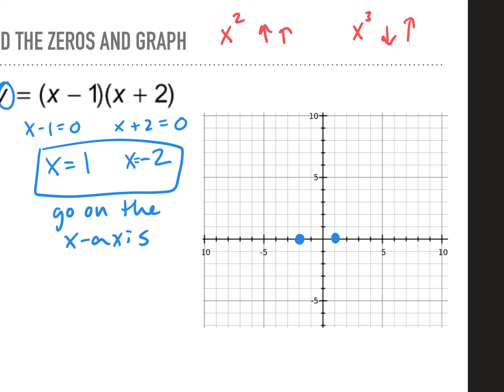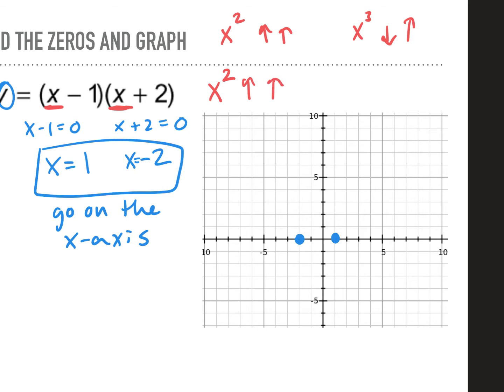So how many x's do I have in my equation? 2. So this is like an x squared graph. Do any of those x's have a negative in front of them? No. So they're both positive, so it's a positive x squared. So what's my end behavior going to do? Up and up.